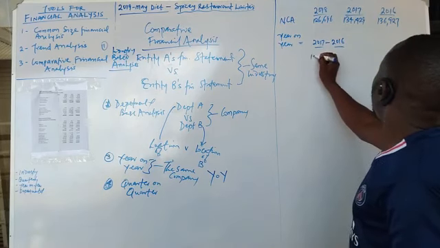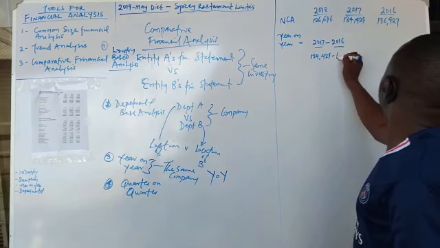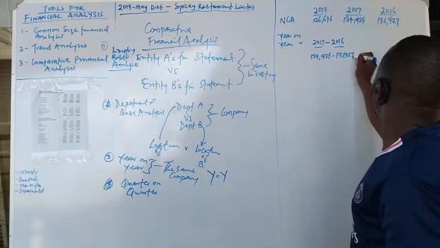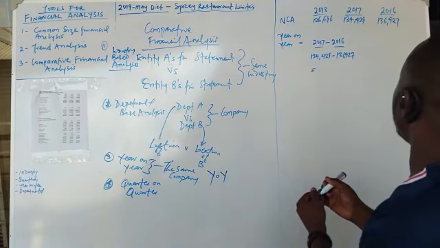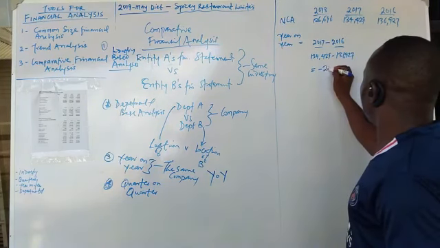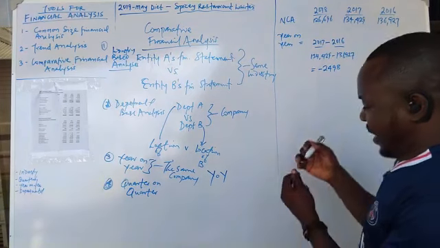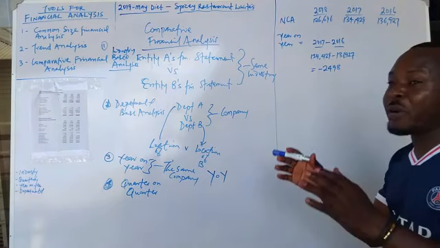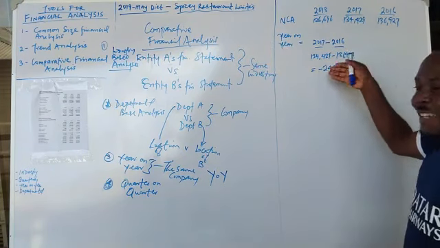That is 134,429 minus 136,927. What figure are you going to get here? You are likely to get the negative, minus 2,498.